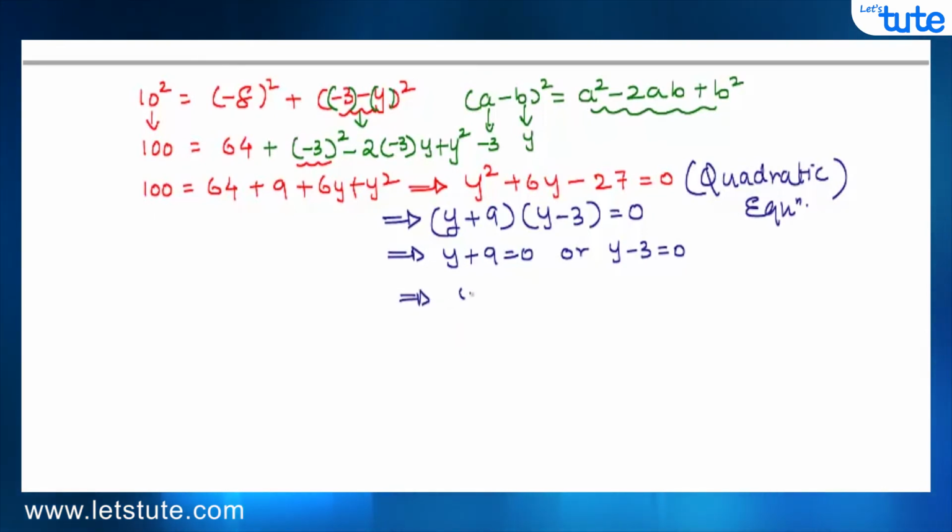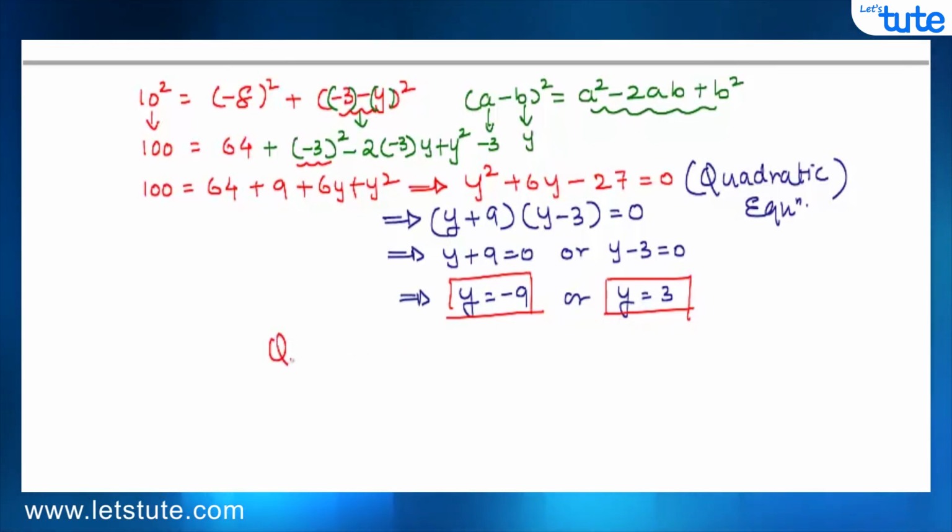We will get y equals negative 9 or y equals 3. So we got minus 9 as a value of y, and also we got 3 as a value of y. So from this we can say our point Q is 10 comma minus 9, or our point Q can also be 10 comma 3. So in this way we got the values of y.